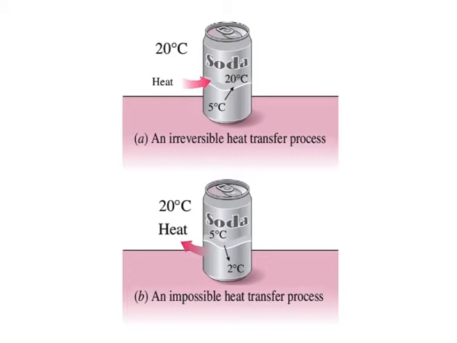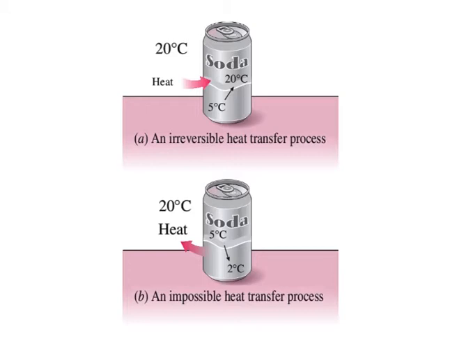At the end of the reverse process, the soda will be restored to its initial state, but the surroundings will not be. The internal energy of the surroundings will increase by an amount equal in magnitude to the work supplied to the refrigerator.